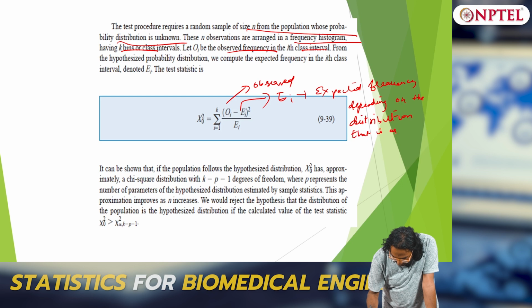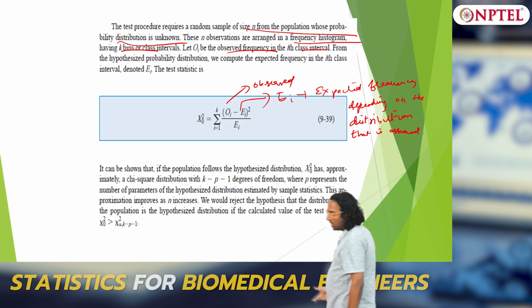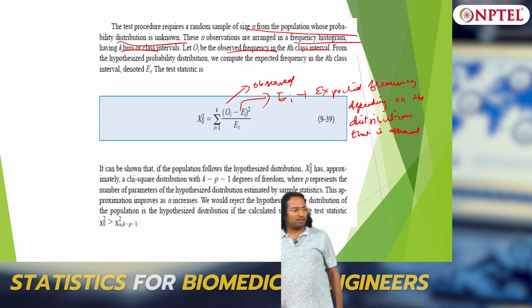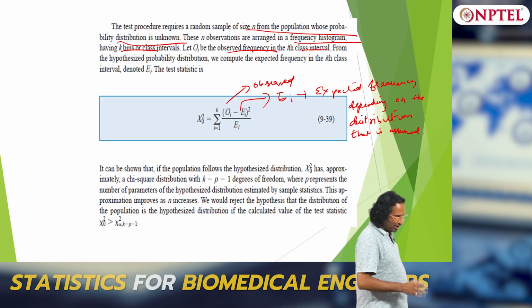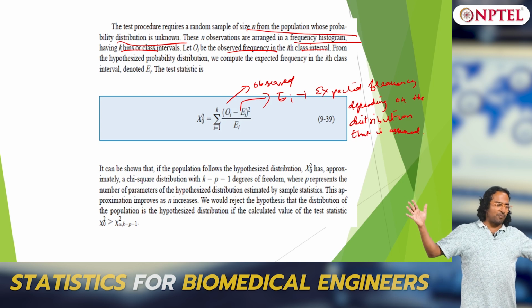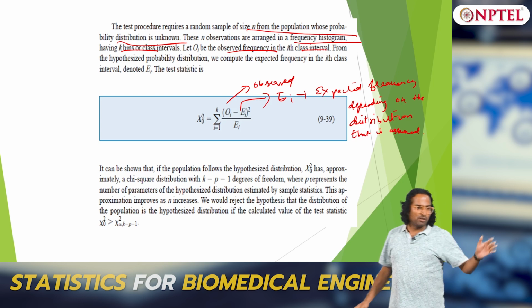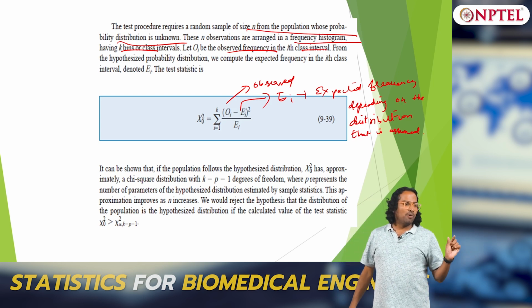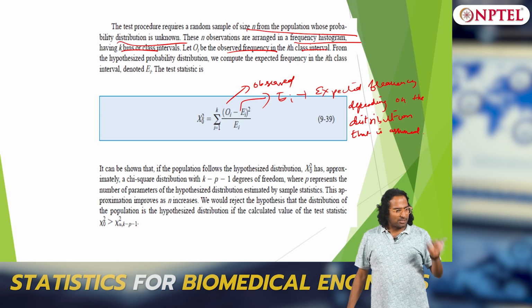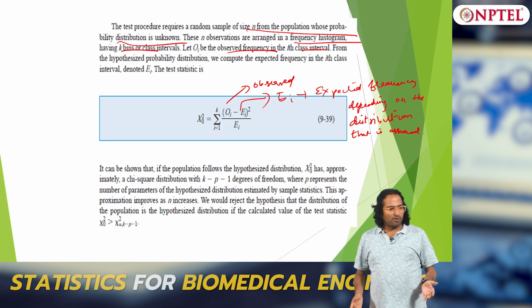So what am I assuming here? I am saying the underlying population is, let us say, Poisson or normal or gamma or t or chi-square, whatever. Now if you assume that, for each bin, because your probability is entirely divided into multiple bins in the frequency histogram, you know the expected frequency, and you know the observed frequency in each class.